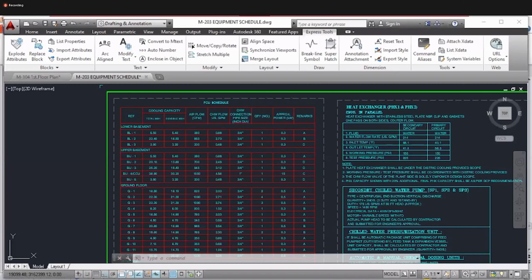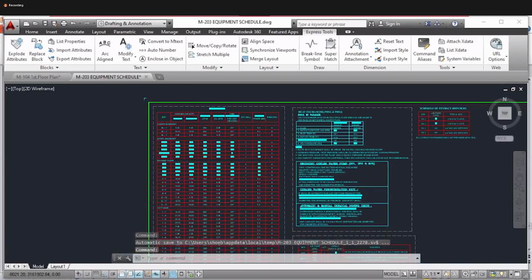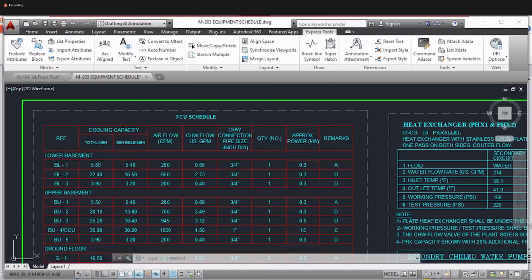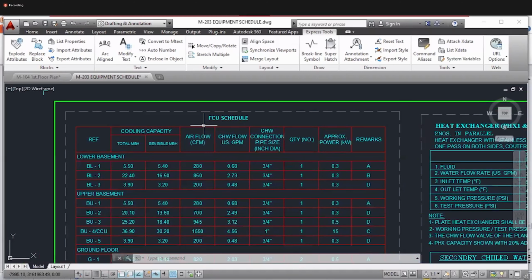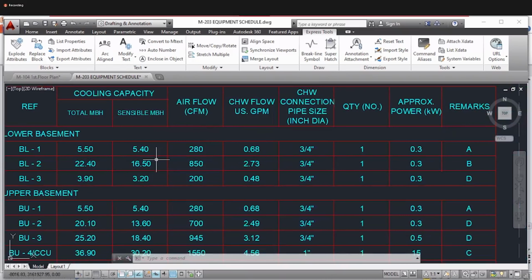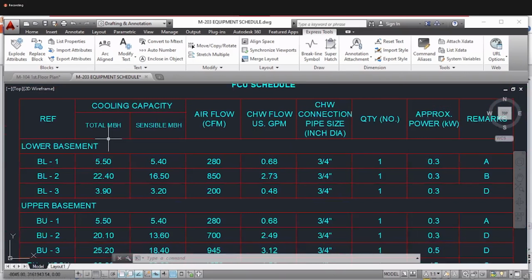Let's see our schedule, which we have to prepare after designing. This is our unit schedule, the FCU schedule which we are selecting for particular rooms. Here is the GPM column, and the CFM as per the heat load sheet, and the total MBH which we get from the heat load.